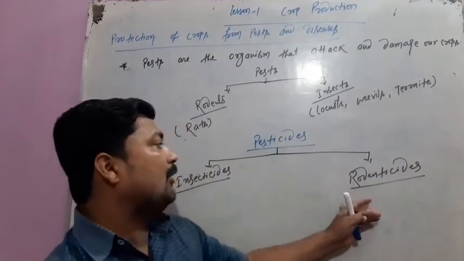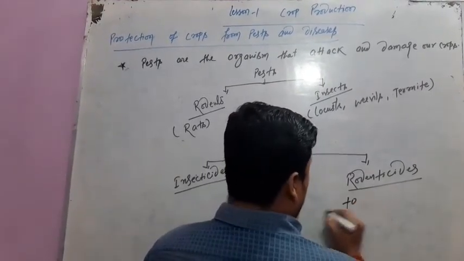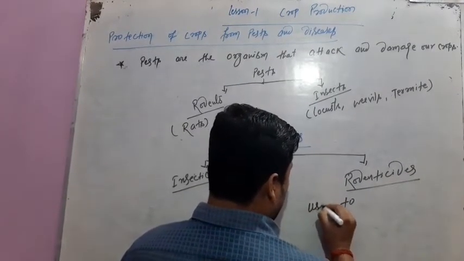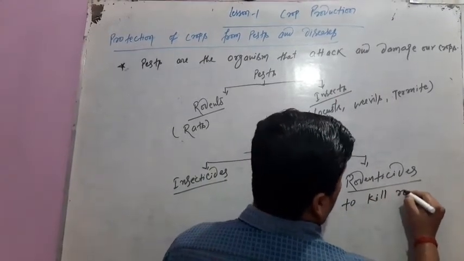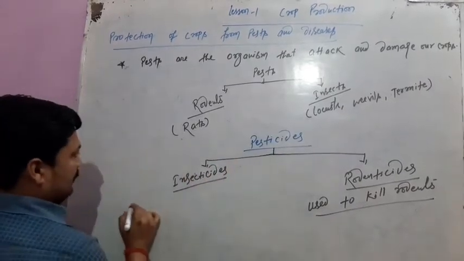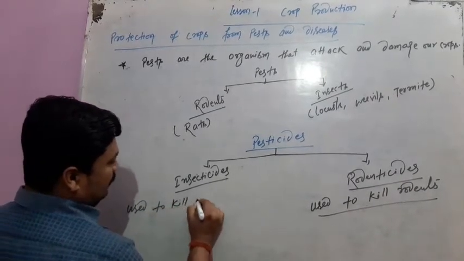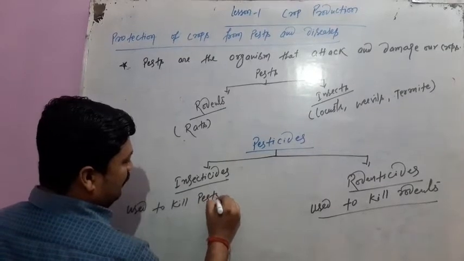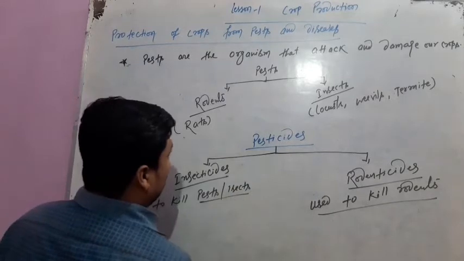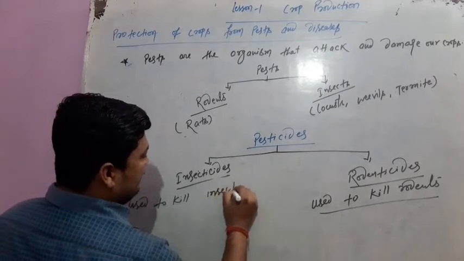Both are chemicals, but rodenticides are especially used to kill rodents. An insecticide is used to kill insects only.